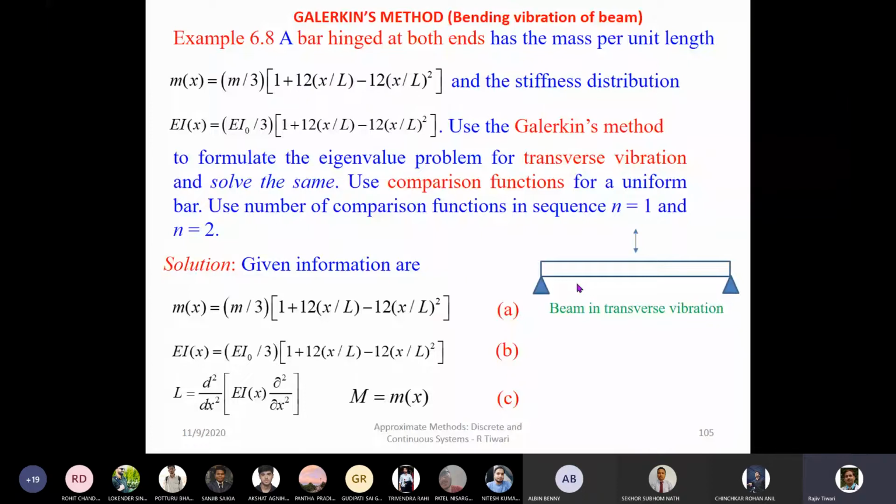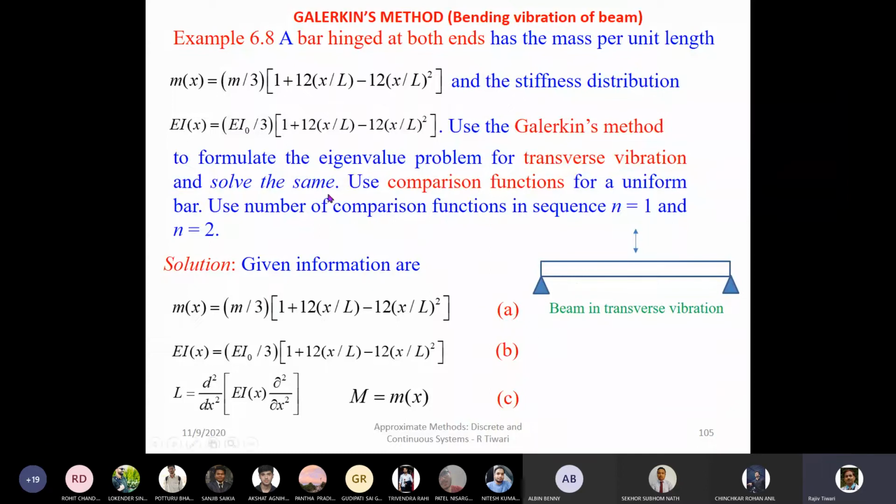Then we minimize the residue over the domain, and the constants in the series form of the solution gave us homogeneous simultaneous equations, and that gave us the equivalent eigenvalue problem of the continuous system in the form of a discrete system.